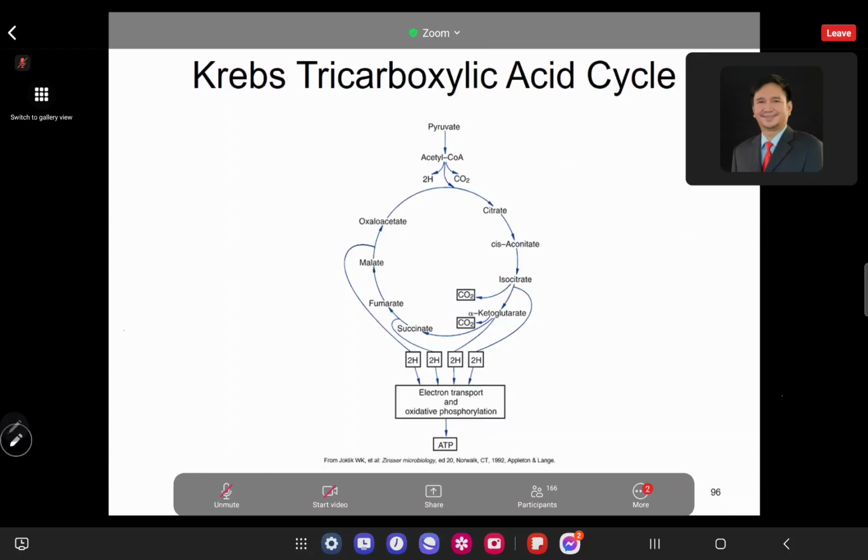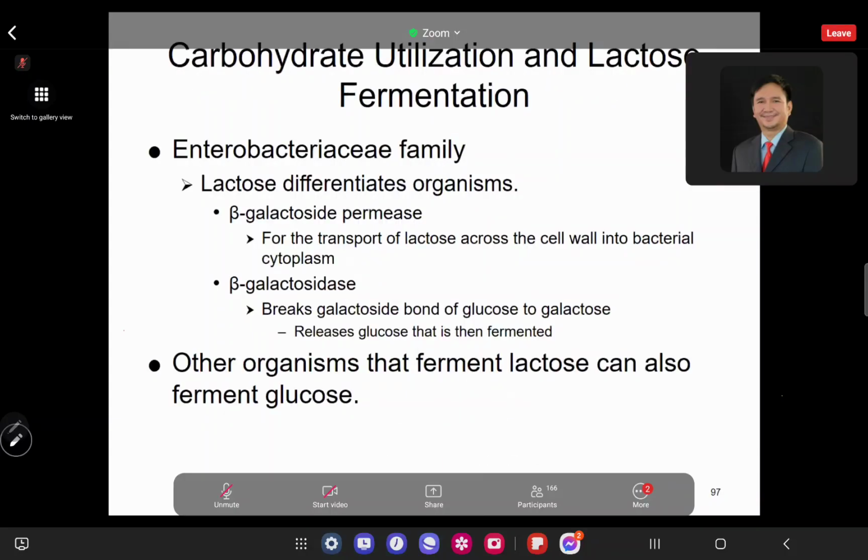That's your Krebs tricarboxylic acid cycle or your TCA cycle. Again, for aerobic bacteria, bacteria needing oxygen to grow and survive, and also human cells.